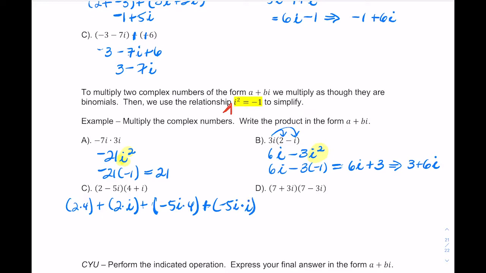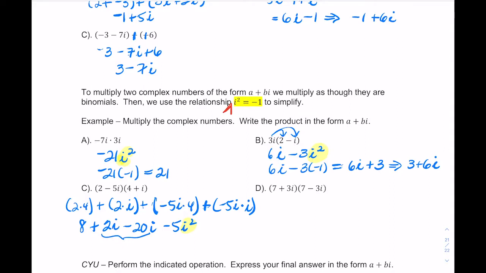Okay, so 2 times 4 is 8, plus 2i. Negative 5i times 4 is negative 20i. And negative 5i times i is negative 5i squared. Okay, we're going to make i squared negative 1. And of course, I can combine my like terms.